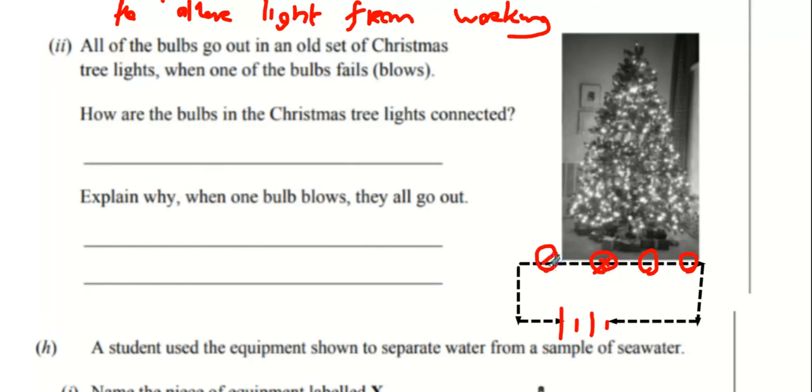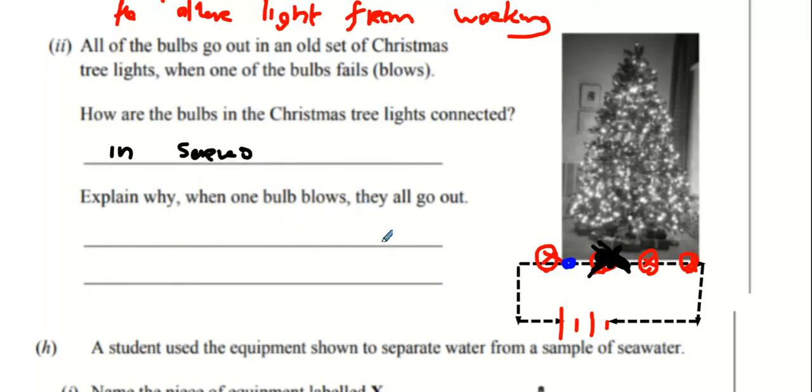Now, if one of them stops working, the problem is the electrons have to go through all the circuits. So it has to go through all 4 bulbs, and all 4 bulbs light up. However, if one of the bulbs encounters a problem, we'll put a problem on the second bulb. There it is, no longer working. The problem is the electrons can no longer get through. This means that the electrons cannot complete the circuit. That's why they all go out. So they're connected in series.